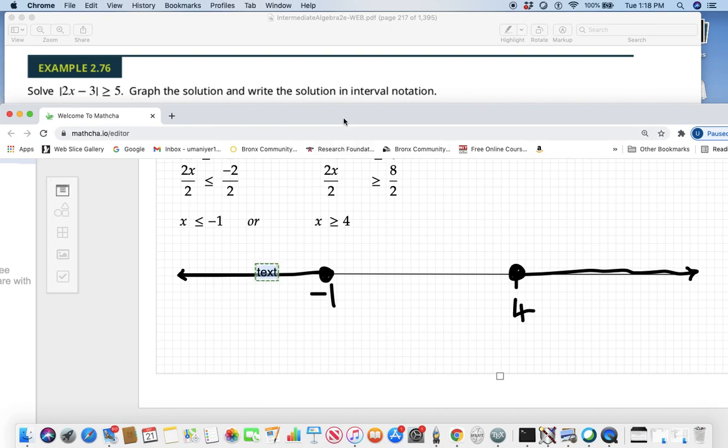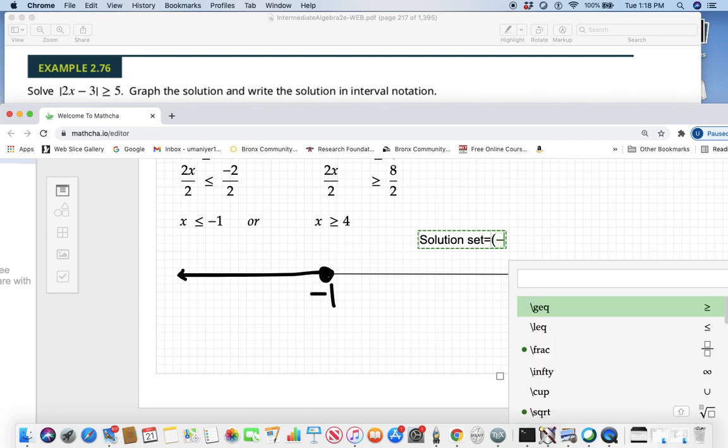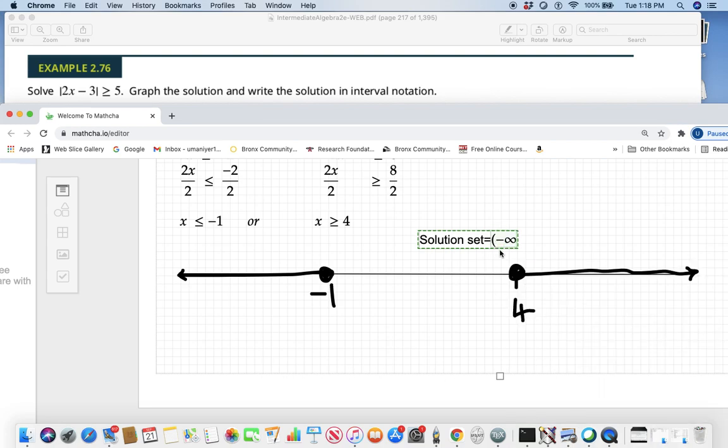Now write the solution in interval notation, that's here. Solution set is, first look at this interval. You start at negative infinity. Infinities are, remember, always open parenthesis, okay? So negative infinity, comma, until negative 1.